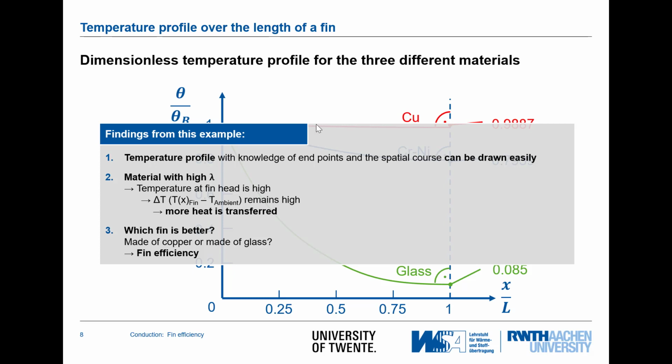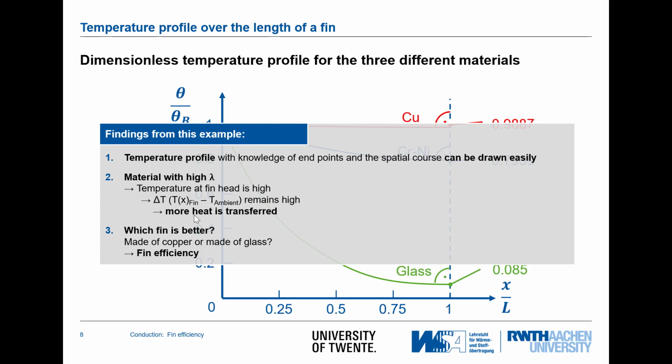We see that for highly thermoconductive materials, the fin head temperature is very high, almost the fin bottom temperature. Only for materials of very low thermal conductivity, this is different. So the higher the surface temperature of the fin, the more heat is of course transferred. This is also an important implication.